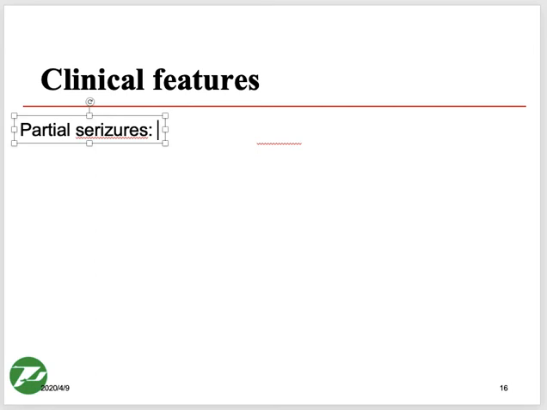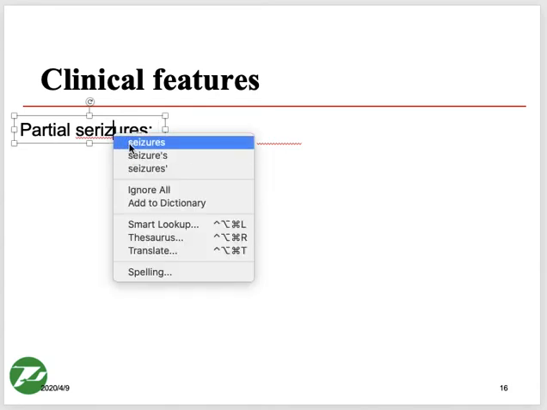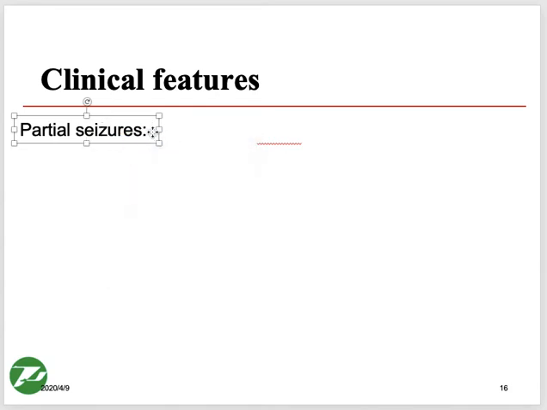And one of the things, partial seizures can change into what? I told you already, generalized seizures. Partial seizures can become generalized, and we call it partial secondarily generalized seizures. We can simply say that simple or complex can secondarily generalize, right?